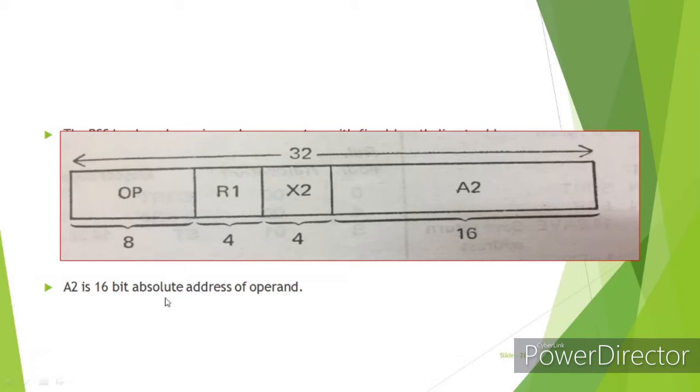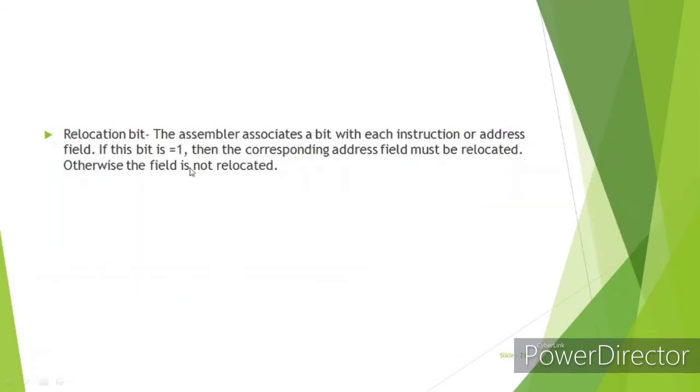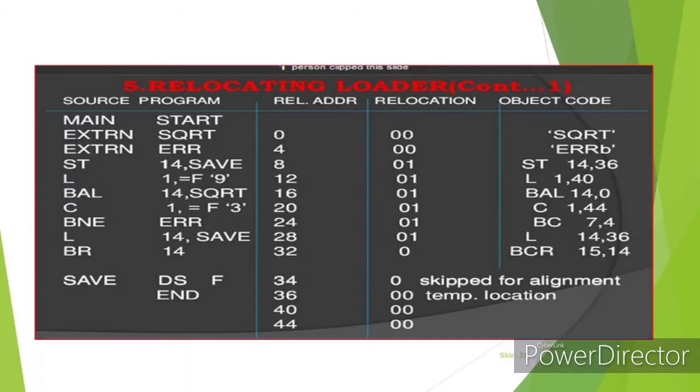A2 is the 16-bit absolute address of the operand. The relocation bit is a bit the assembler associates with each instruction or address field. If this bit is 1, then the corresponding address field must be relocated. Otherwise, the field is not relocated.